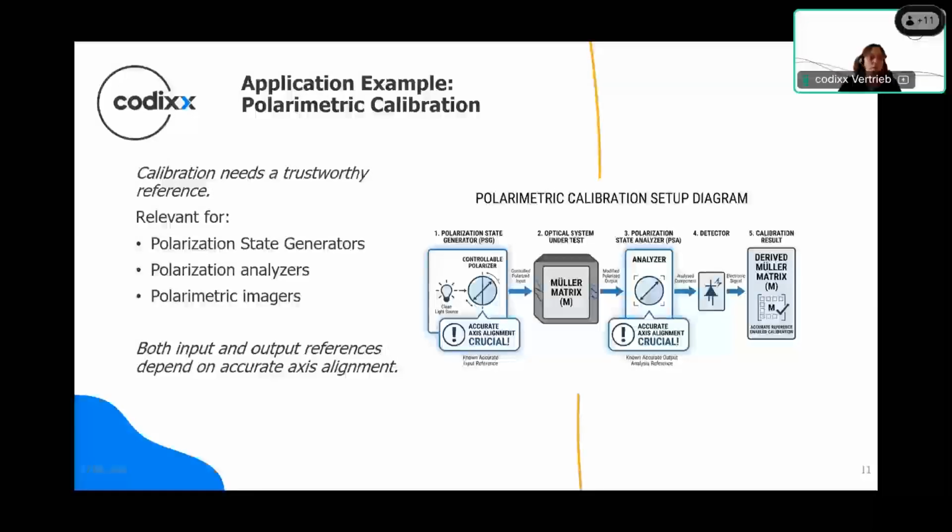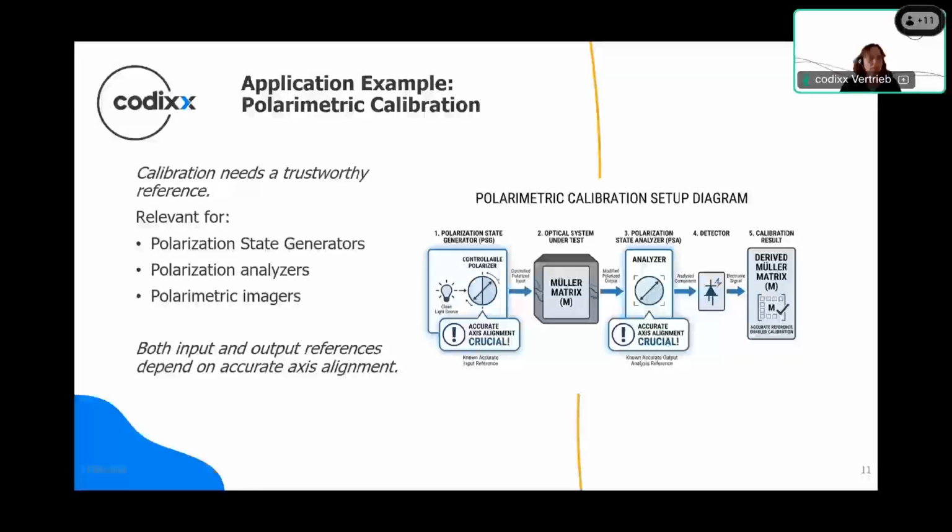Another example would be polarimetric calibration. A calibration setup often uses polarization state generators on one side and a polarization analyzer on the other side. The generator creates a defined polarization state and the analyzer measures the output of the optical system.